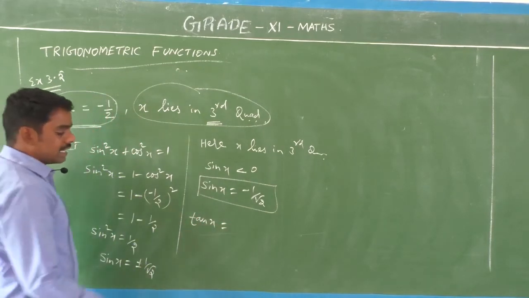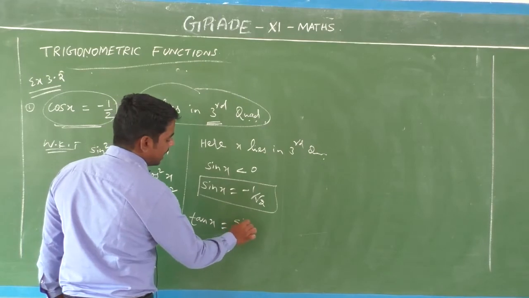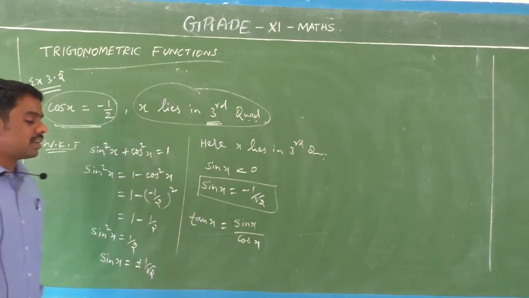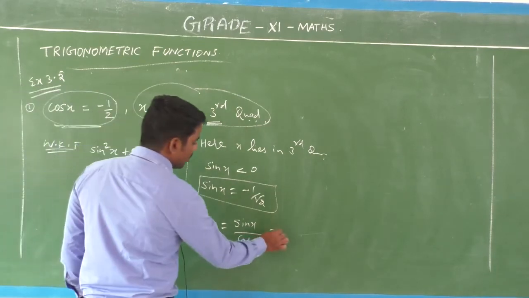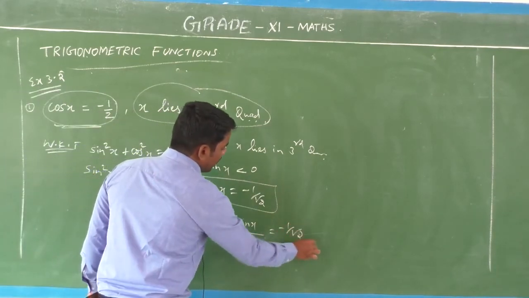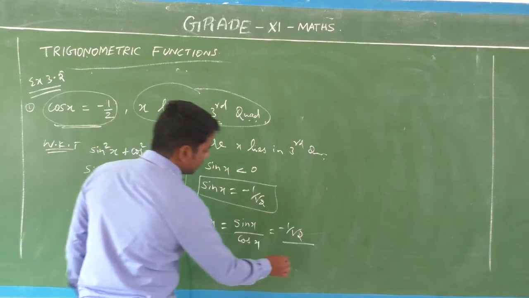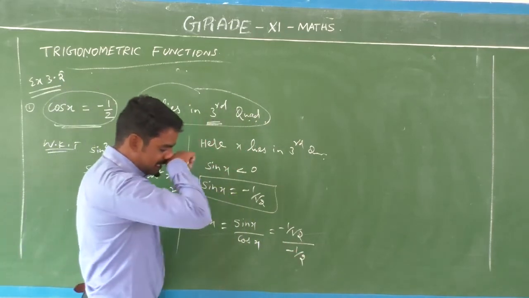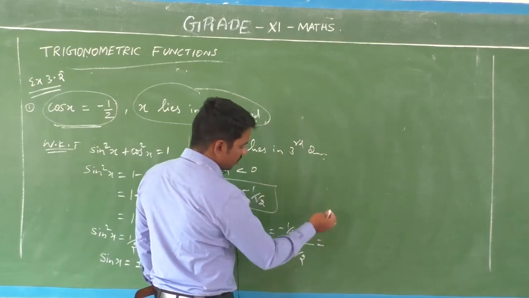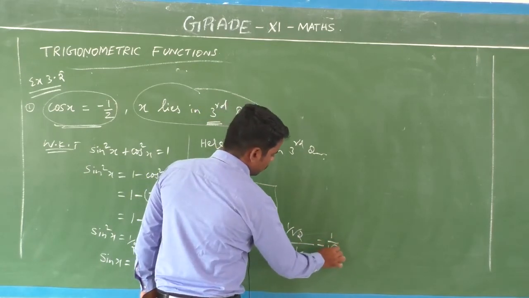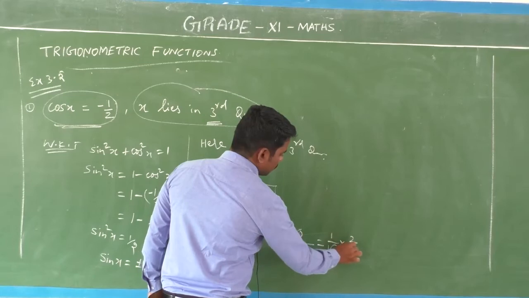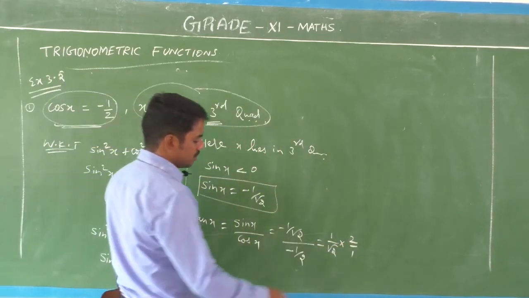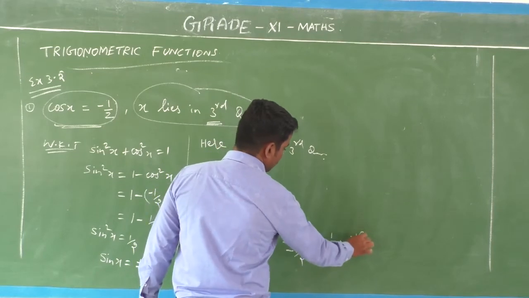You know that tan x equal to sin x divided by cos x. The sin x value is minus 1 by root 2 and the cos x value is minus 1 by 2. Minus minus cancel, so 1 by root 2 into 2 by 1, so root 2.